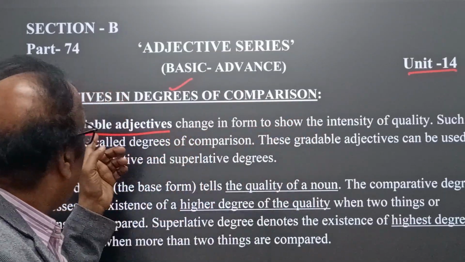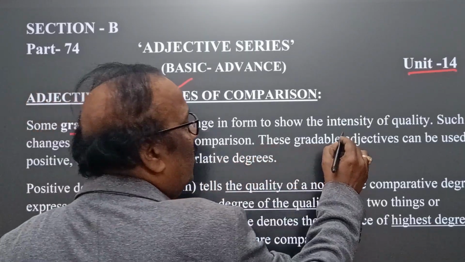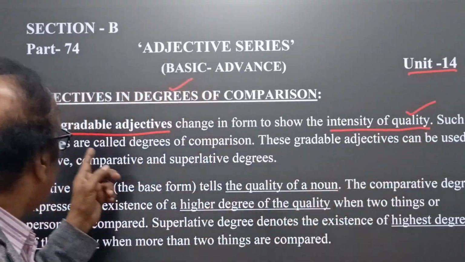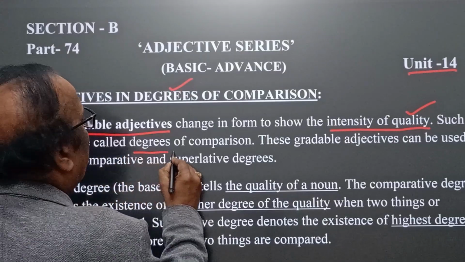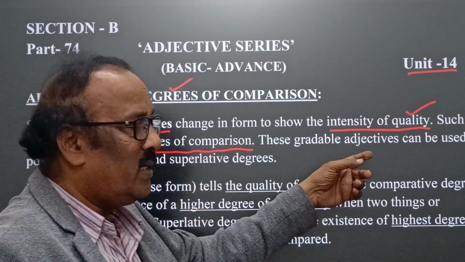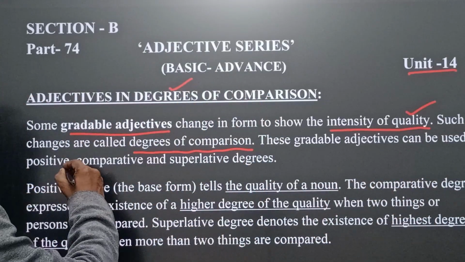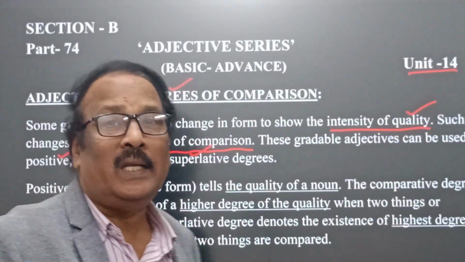Only the gradable adjectives change in form to show the intensity of quality. Such changes are called degrees of comparison. These gradable adjectives can be used in positive, comparative and superlative degrees.